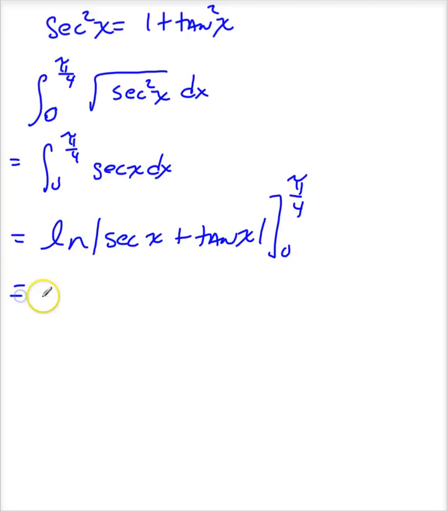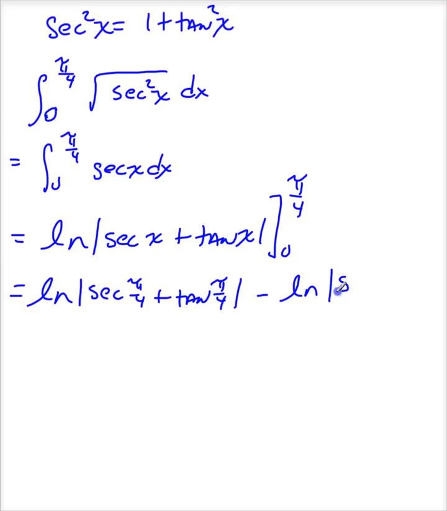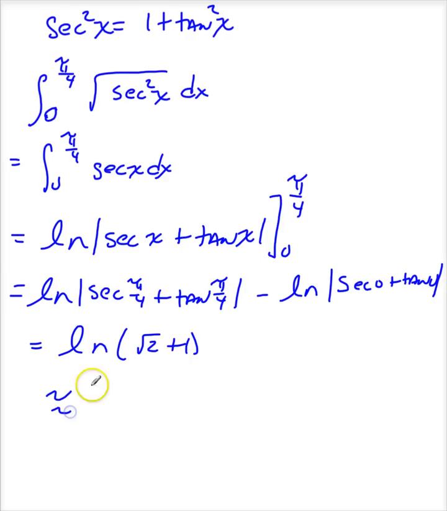This is the natural log of the absolute value of secant of pi over 4 plus tangent of pi over 4, minus the log of the absolute value of secant of 0 plus tan 0. So we wind up with the natural log of the square root of 2 plus 1 minus the natural log of 1, which is 0. I can find this approximately as 0.881.